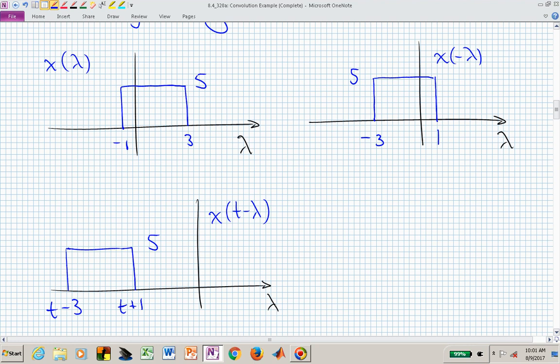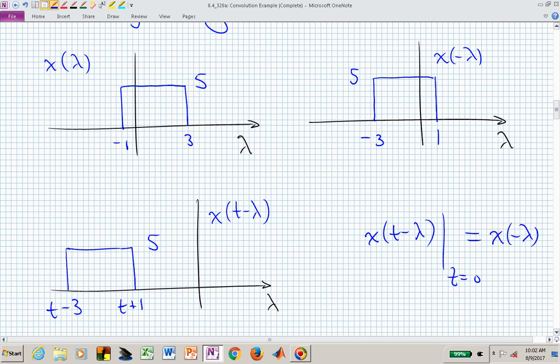For example, if we went ahead and plugged in t equal to 0, we better recoup what x of minus lambda is. So as a check, x of t minus lambda, when t is equal to 0, we better get x of minus lambda.